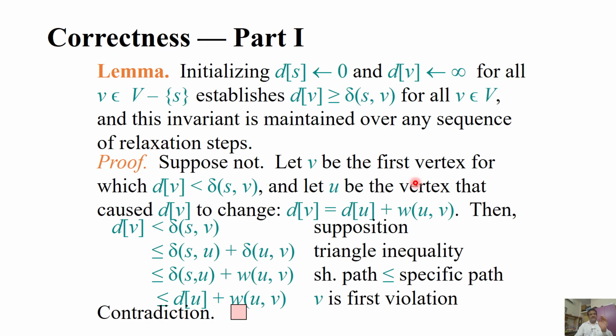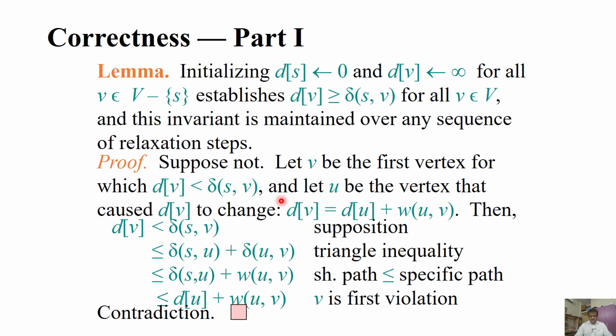Then there will be a first vertex which violates this. The initial condition is infinity, and infinity is always greater than any real value, so it is true initially. For S it is also true, because we know that is delta of S comma S. Now, suppose V is the first vertex for which the key value of V is strictly less than delta of S comma V.